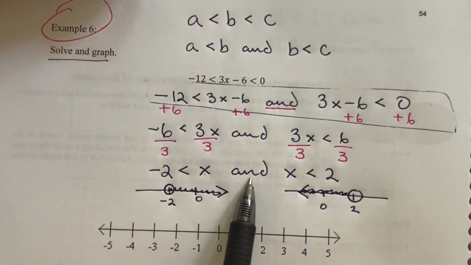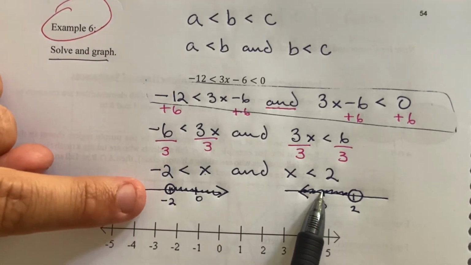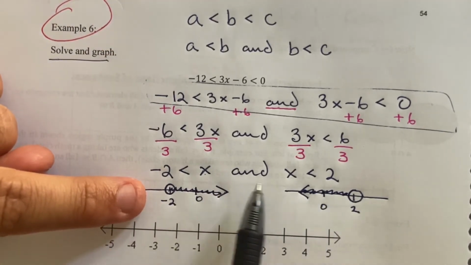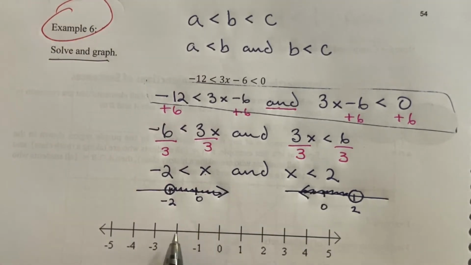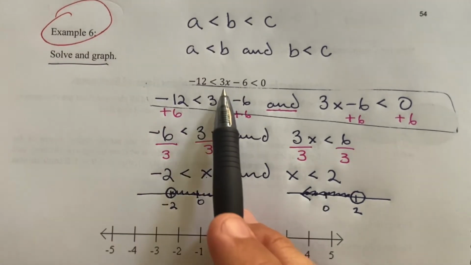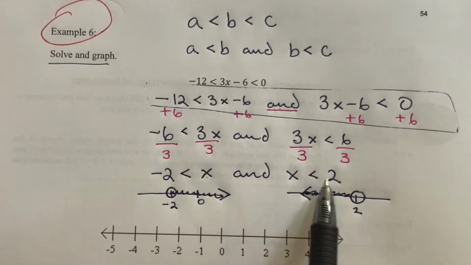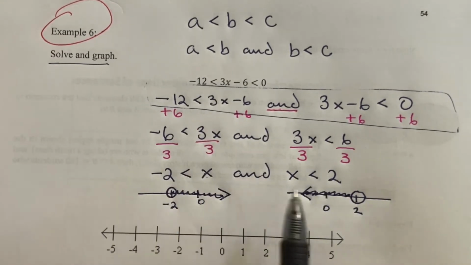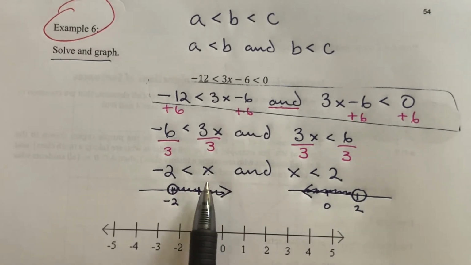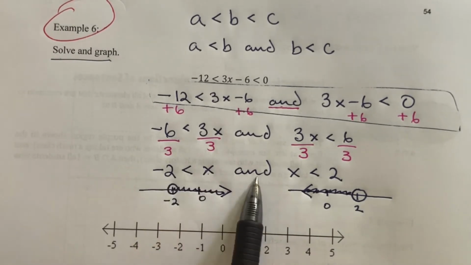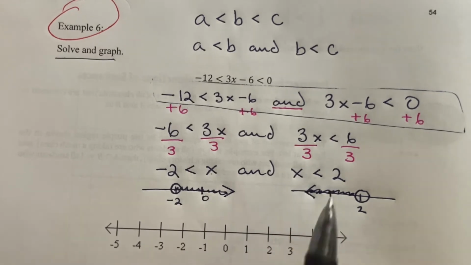The "and" means we need to figure out what numbers are in both, if any. So the true graph, the true solution to this compound inequality is not tethered to this, it's the combination, the "and". So what numbers are both greater than negative 2 and less than 2?